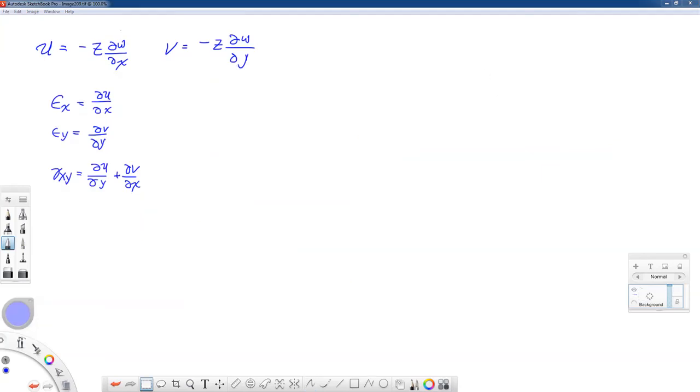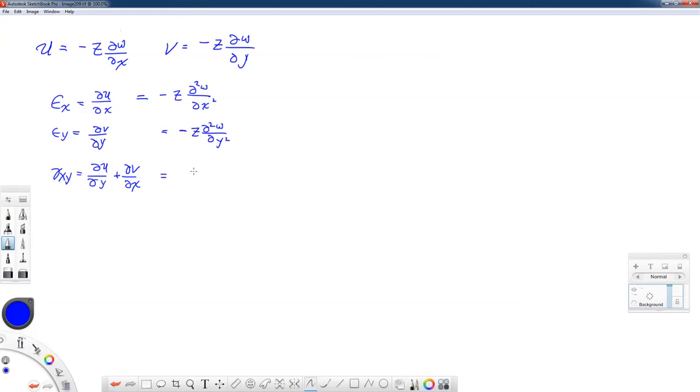All right, now we have a little bit more to work with in our strain displacement relations. We have an expression for the displacements. And so our strain in the x direction is going to be minus z times the second partial of w with respect to x. Strain in the y direction is going to be minus z times the second partial of w with respect to y. And here we have the mixed partial derivatives.